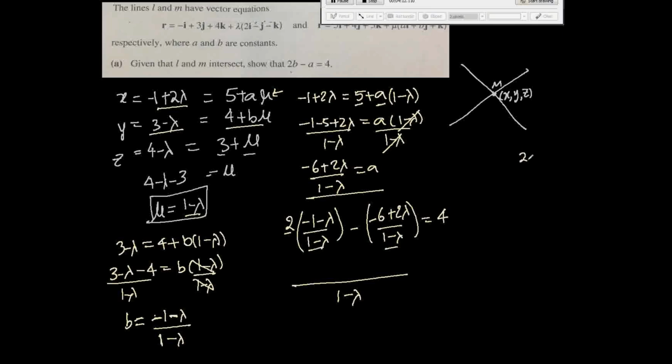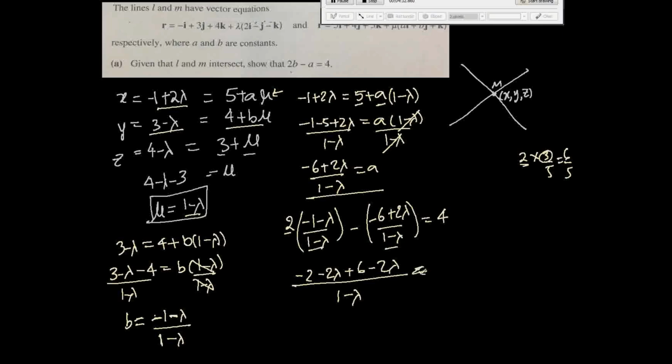If I multiply 2 times 3 over 5, we don't multiply 2 with 5, only with 3. So it will be 6 over 5, right? Similarly here, 2 times minus 1 will be minus 2 lambda, plus 6 minus 2 lambda.